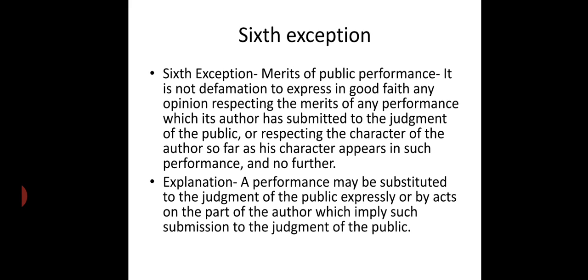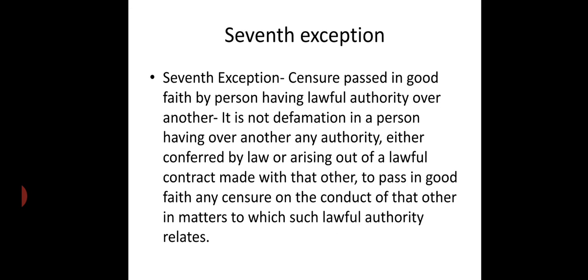This exception deals with the literary criticism of public performance submitted to its judgment. It covers criticism of books published on literature, art, painting, speeches made in public, acting, singing, etc. The criticism must be fair and made in good faith. This is the essential condition.